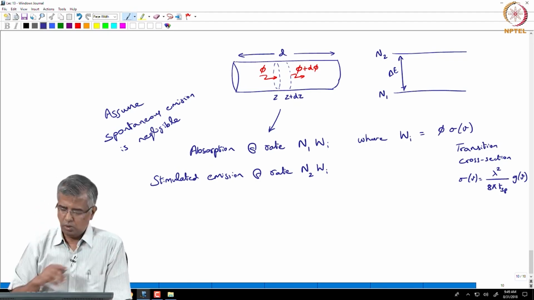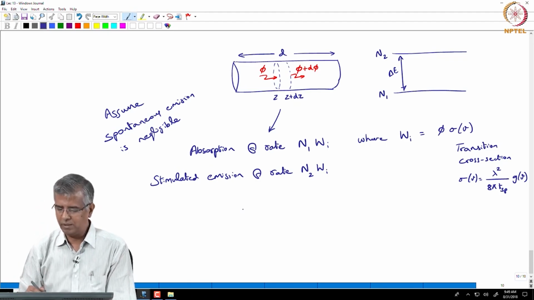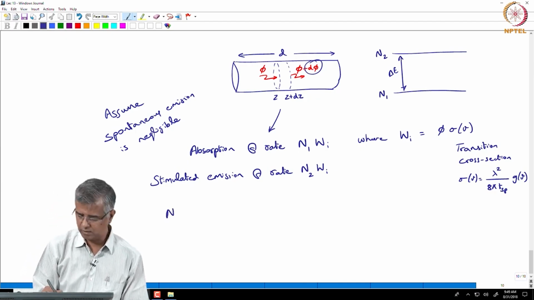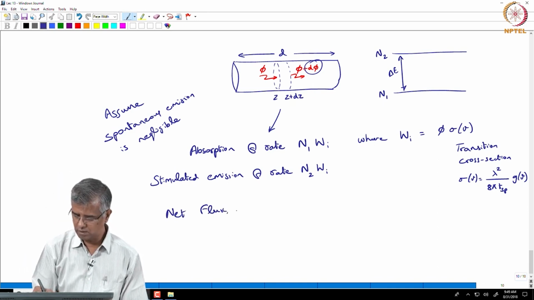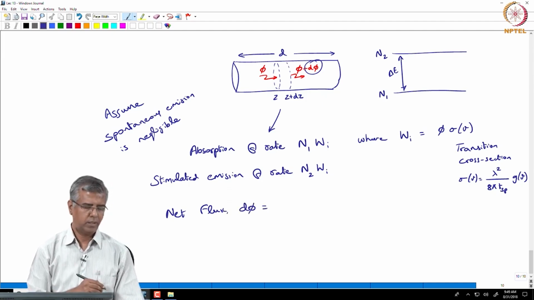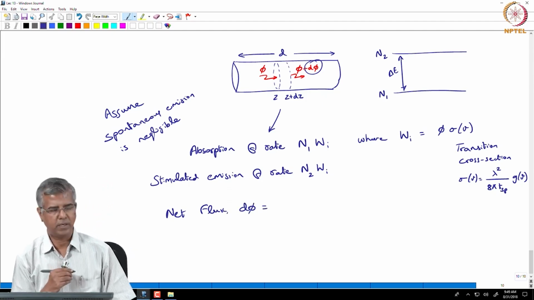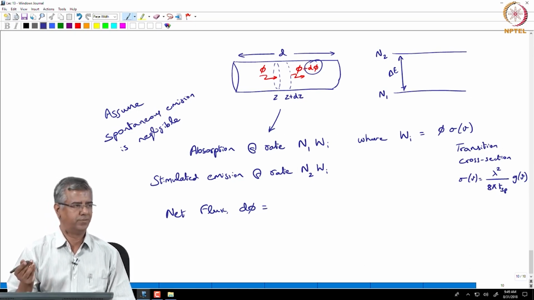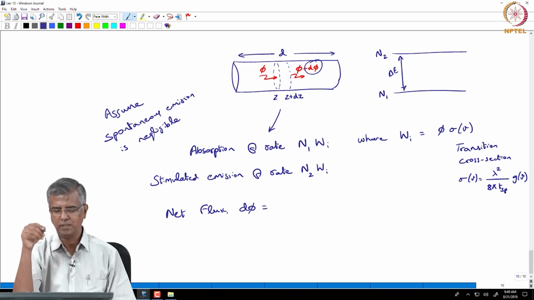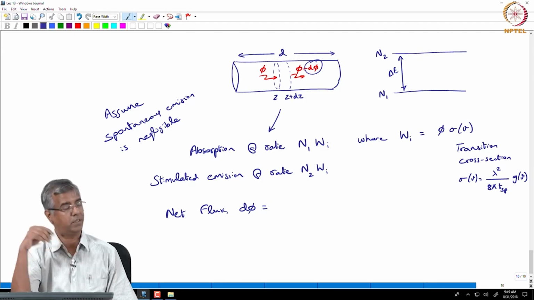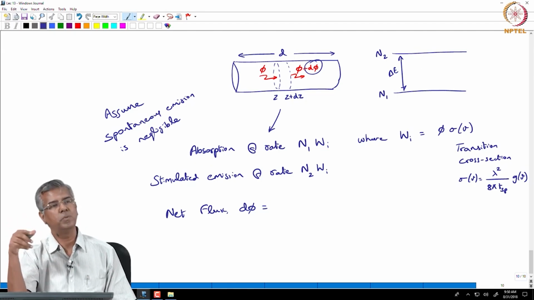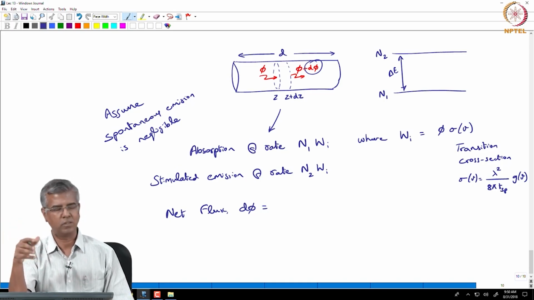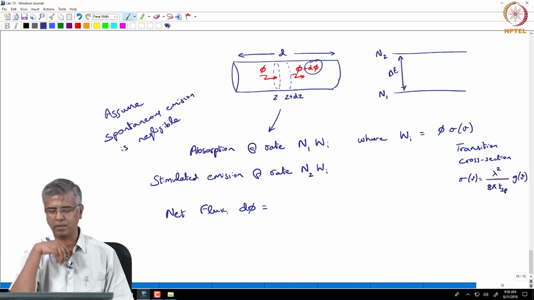Okay. So, what we are interested in is this value d phi, right. So, the net flux d phi would correspond to what? The difference in the two rates, right, because we are saying stimulated emission can happen, but that same emitted photon can also be absorbed, because that is also probable in this particular thing.